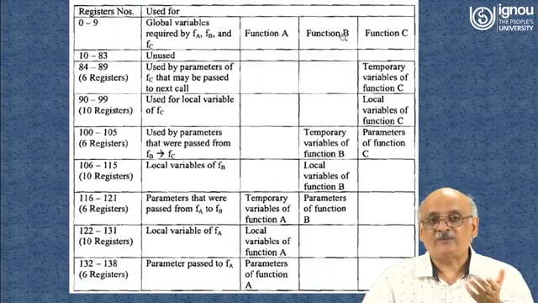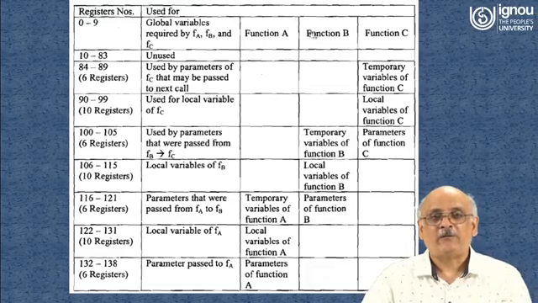Technically speaking, global variables need not be changed by function A, B, C as a side effect of functions, but anyhow, there may be an objective related to it. Fine. So we have these global variables which will be shared by function A, function B and function C.